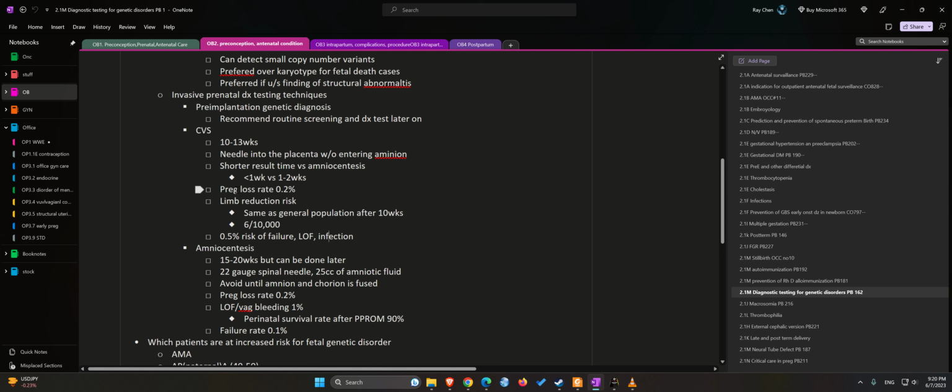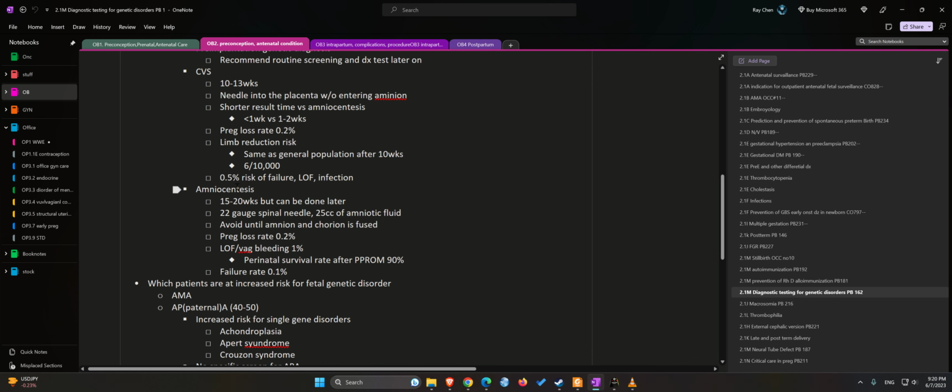Amniocentesis is usually done 15 to 20 weeks, but can be done later. You use a 22 gauge spinal needle, and you draw about 25 cc's of amniotic fluid. Usually we wait until the amnion and the chorion are fused.